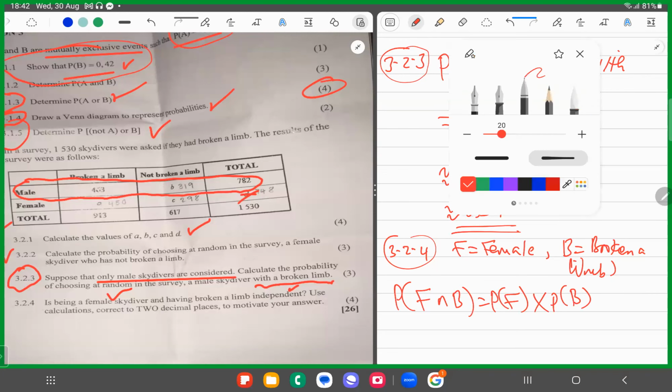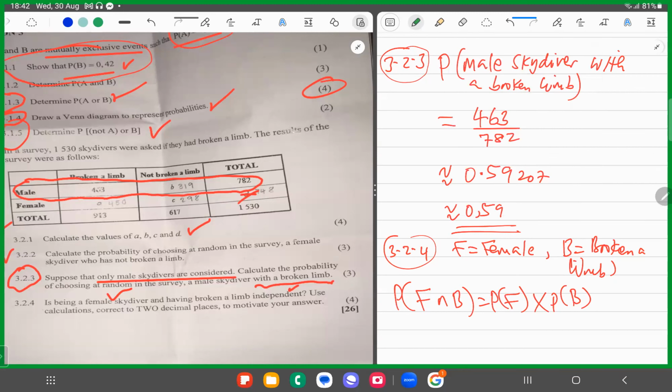If this mathematical relation is true, we have independent events. If this formula holds true, all right, we are in business. We continue and we solve more probability questions.